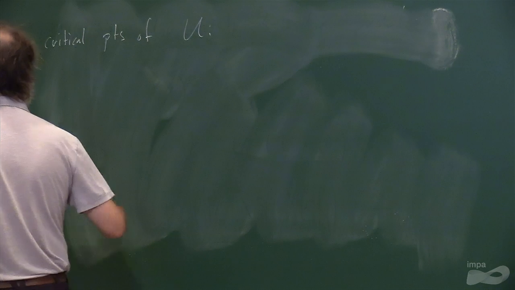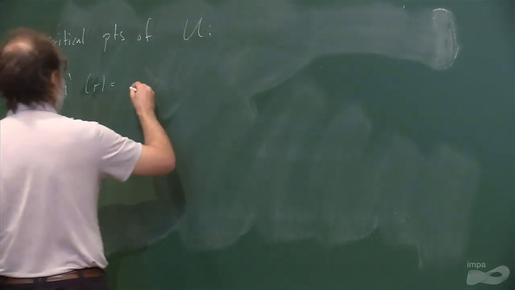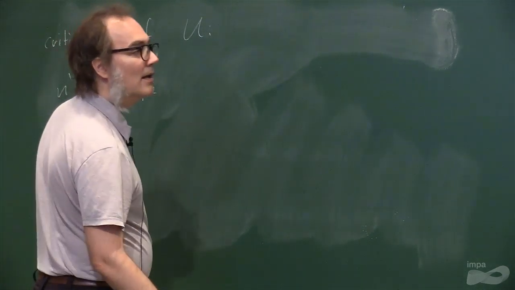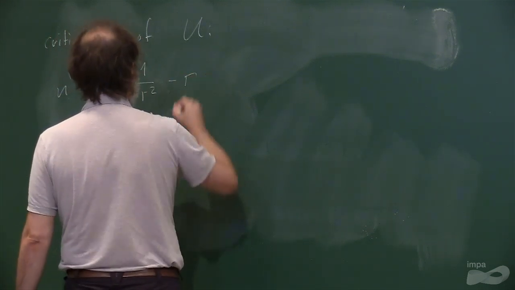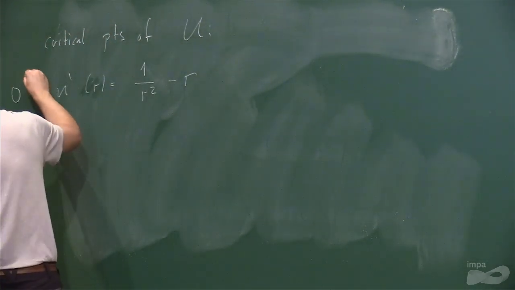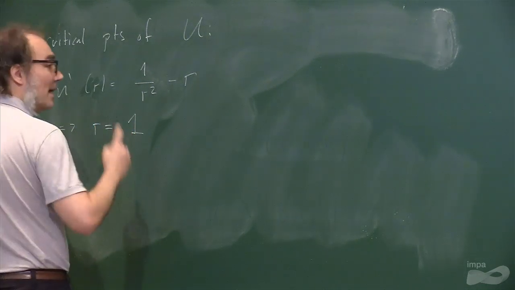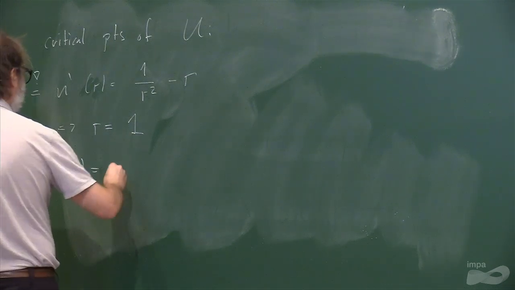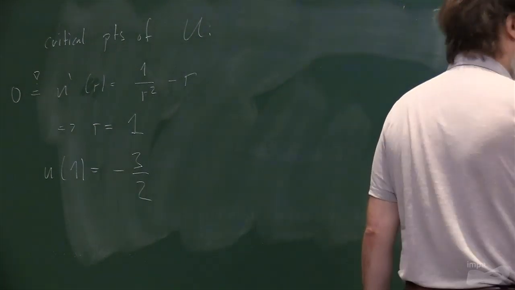So we just have to differentiate, U'(r) is 1 over r^2 minus r. And if this is 0, then it follows that r is 1. And the critical value, U(1), is minus 3 over 2, if you plug this into this formula.